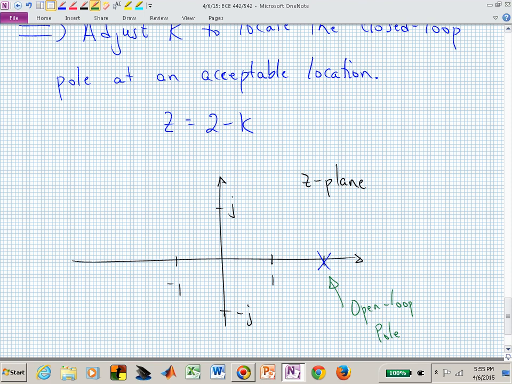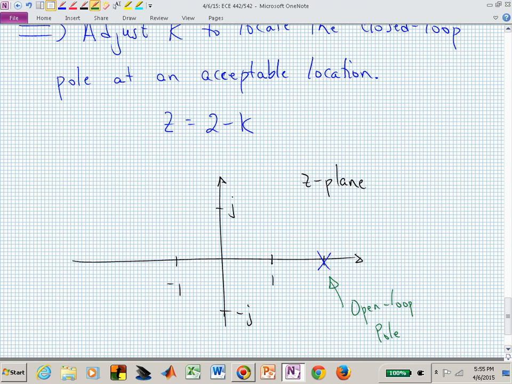Is that in a good location? No. So we can't not control this system if we want it to be a stable system. If we didn't apply a controller, this system would be unstable. Does everybody see that? It's starting with it being unstable.